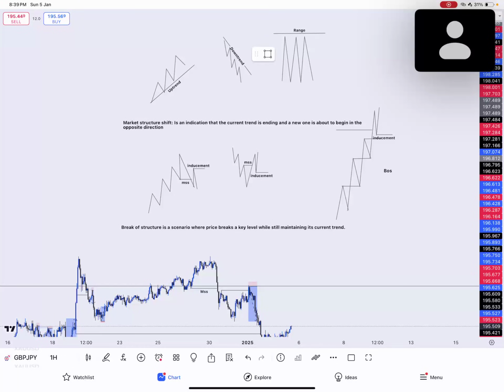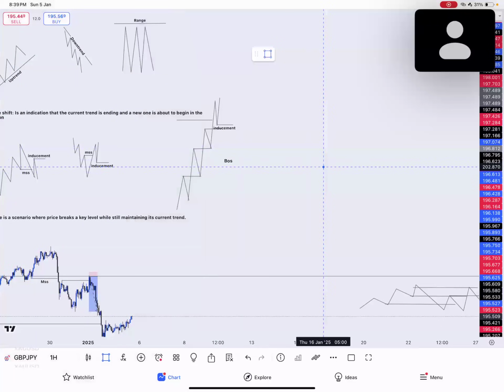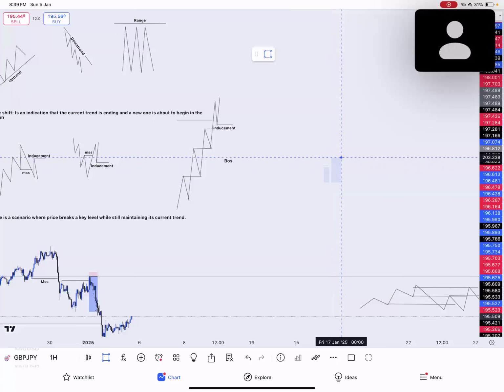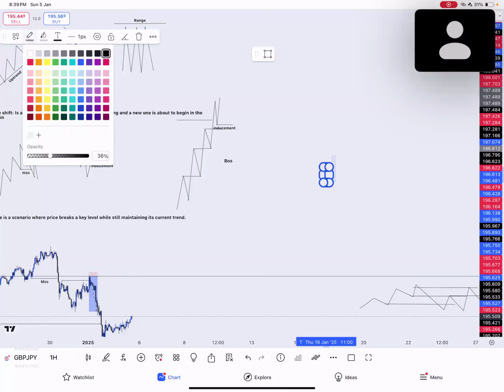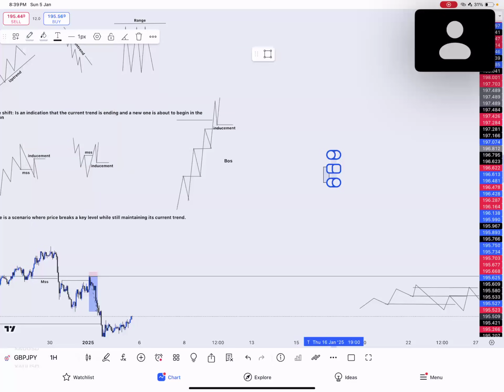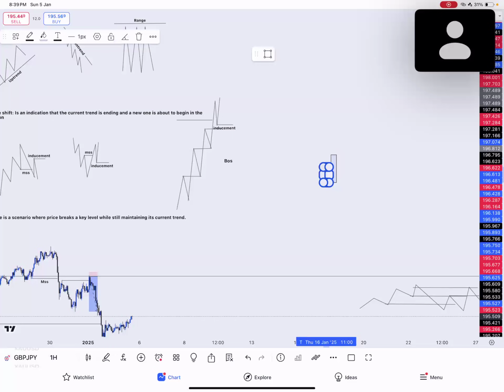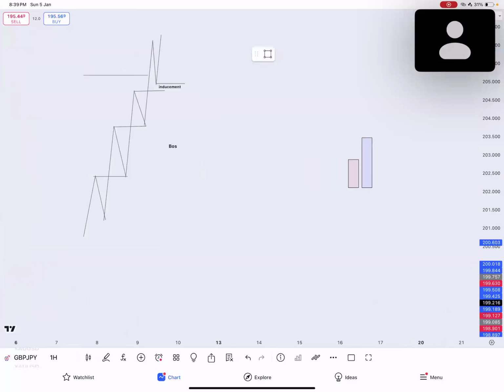Now we have two types of order blocks. We have the bullish order block, and then we have the bearish order block. Now, how does it look? For the bullish order block, when you want to take buys, you will see a bearish candle first, then you see a bullish candle engulf it.